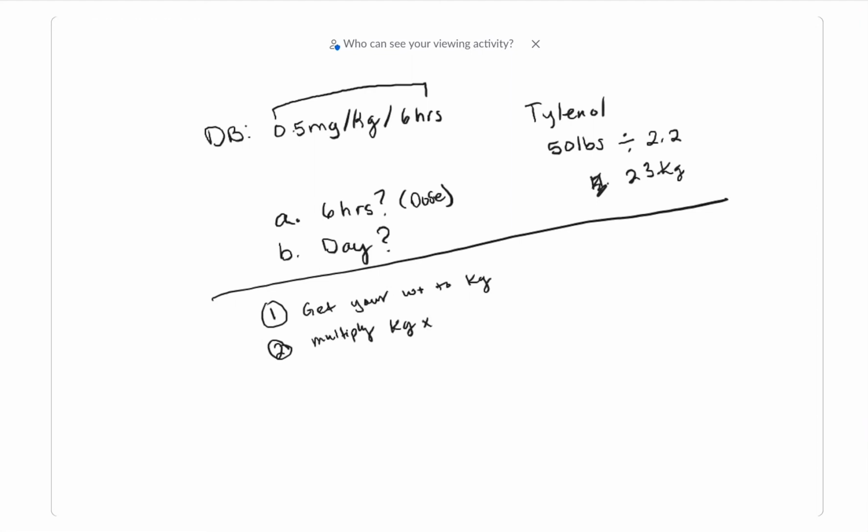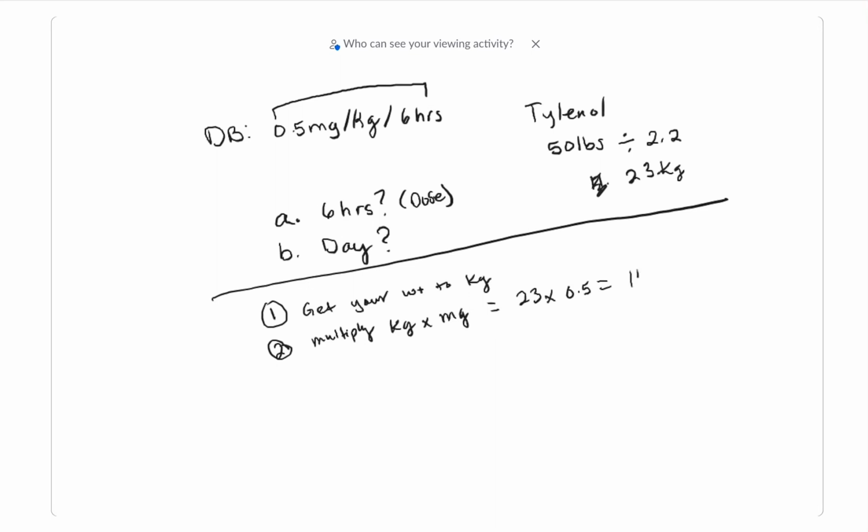Now, the second thing you do is multiply your kilograms by your milligrams. So that would be 23 times 0.5. And what does that give you? Oh, 11.5.